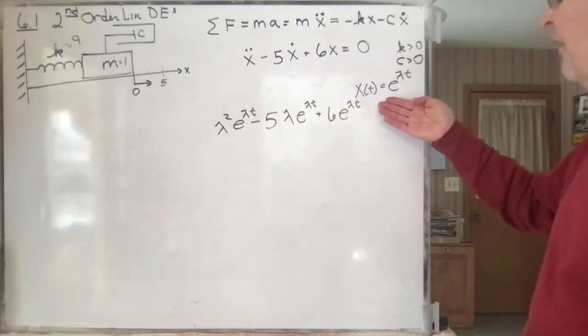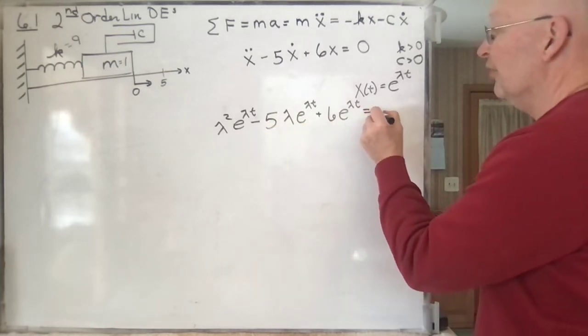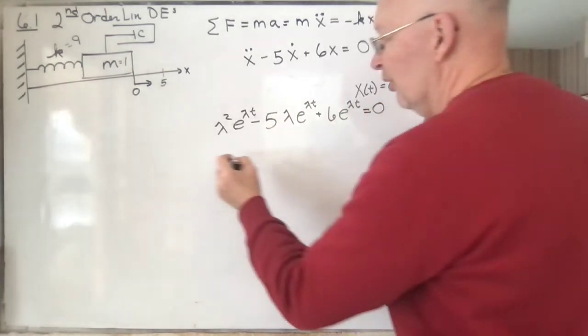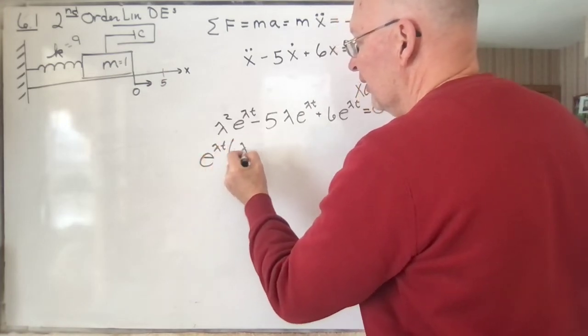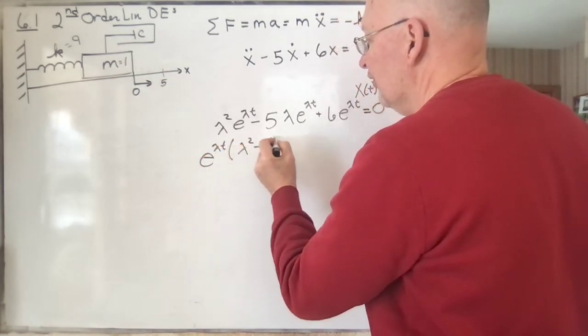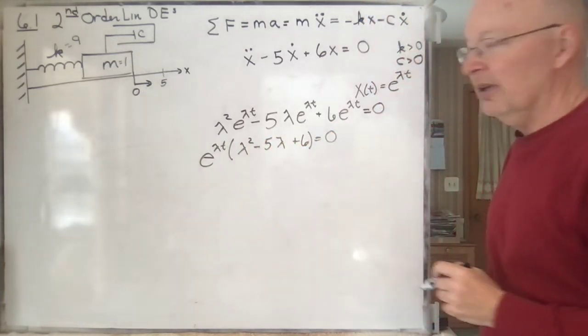So if there's anything of this form that makes it true, I set this equal to 0. Notice that I can factor an e to the lambda t out, and I'm left with lambda squared minus 5 lambda plus 6 is equal to 0.